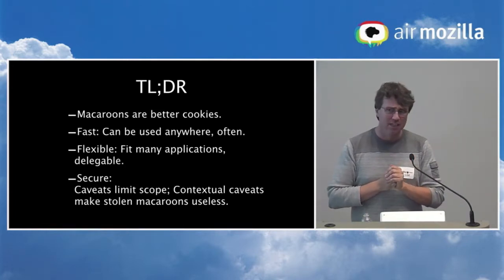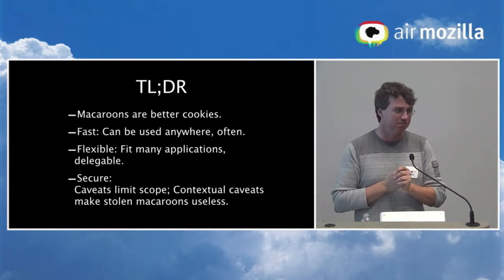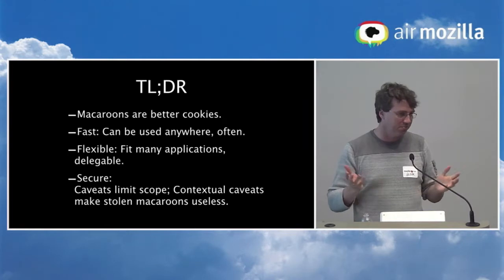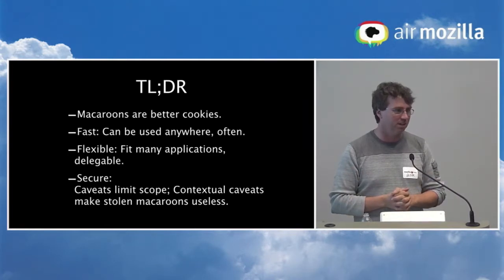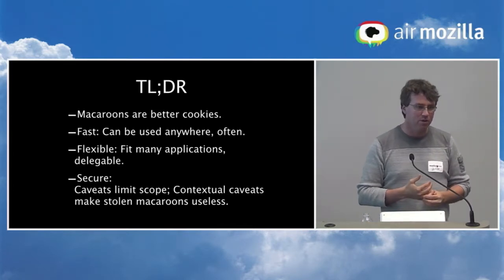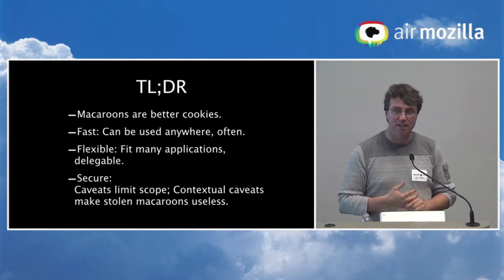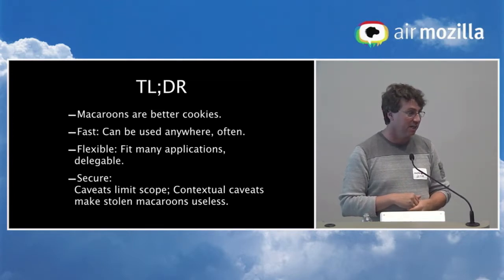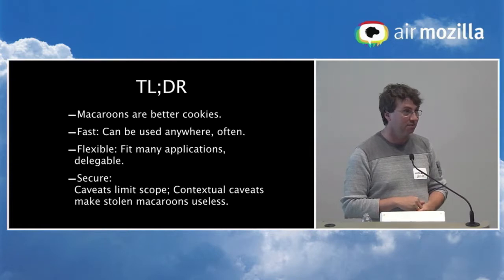It's flexible. In terms of authorization, you can do anything you want. It's hard to imagine you'd need anything more in terms of flexibility. And it's also secure. You can prevent the common types of credential thefts, and you can show that the cryptographic constructions actually have the appropriate guarantees.